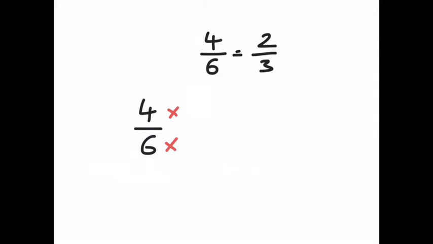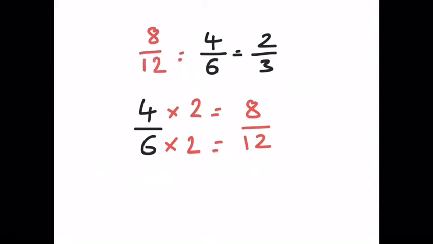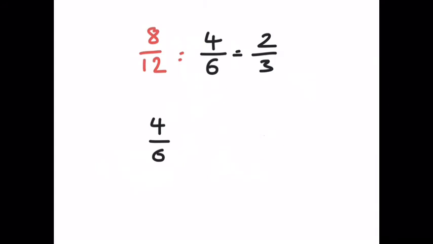So this time, I'm going to multiply 4/6 by the number 2, which gives us the fraction 8/12. So 8/12 is equivalent to, or the same as, 4/6 or 2/3. Okay, so last time we multiplied the numerator and denominator by 2.